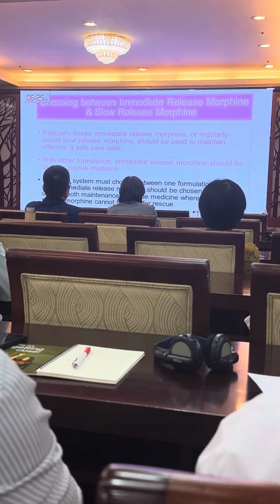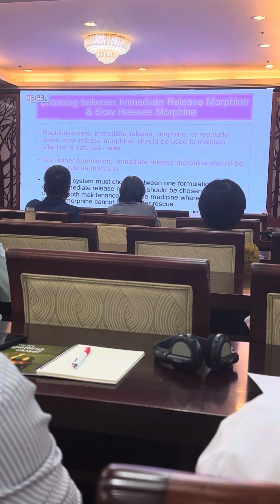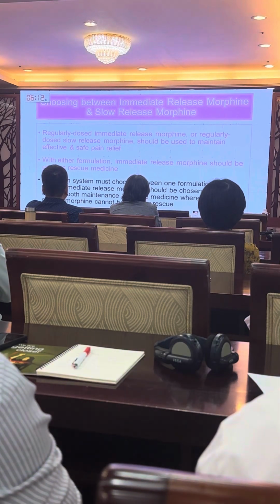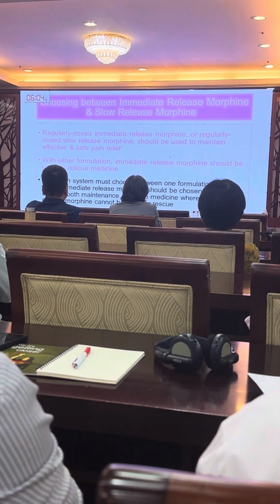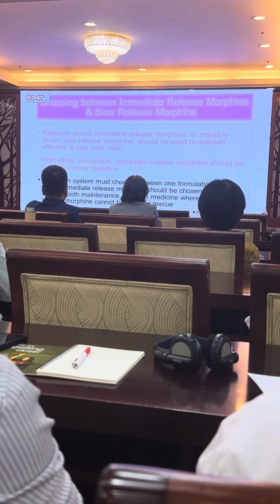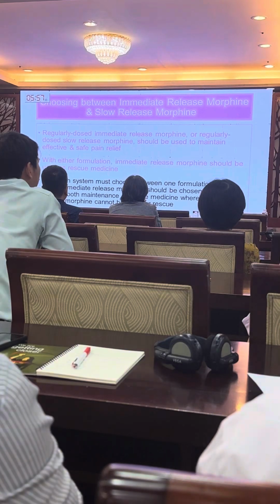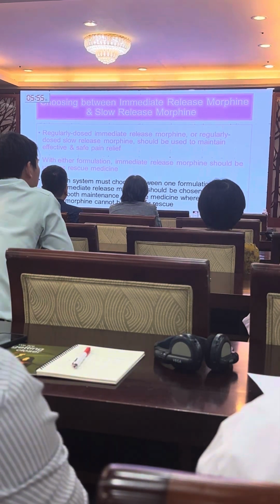If it helps in your hospital, if you have to choose to have only one morphine, either sustained release or short-term relief, if a health system must choose between one formulation or the other, immediate release morphine should be chosen as it can be used as both maintenance and rescue medication, whereas slow release morphine cannot be used for rescue.